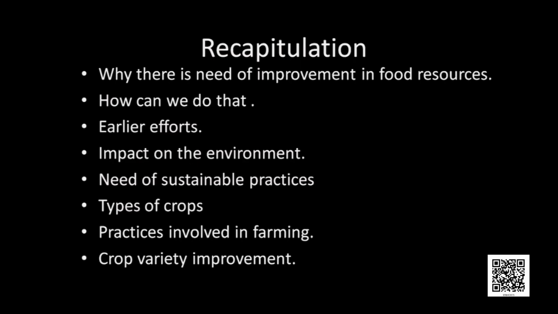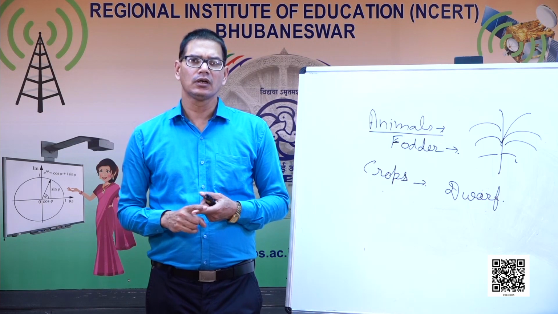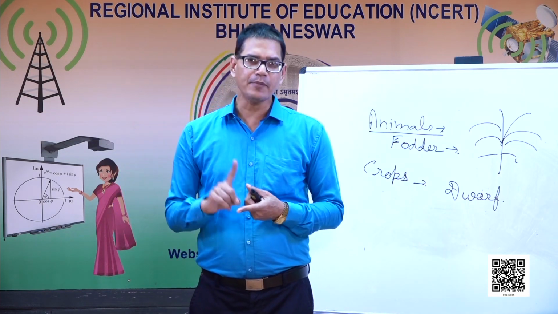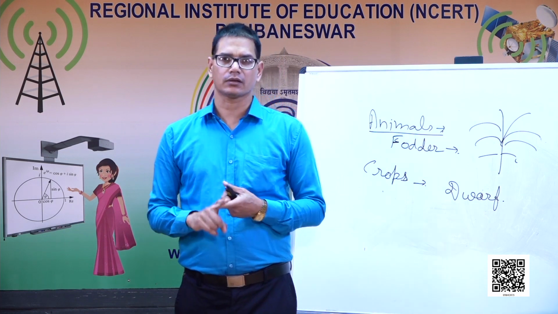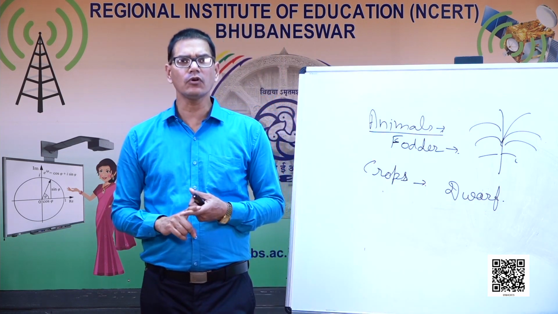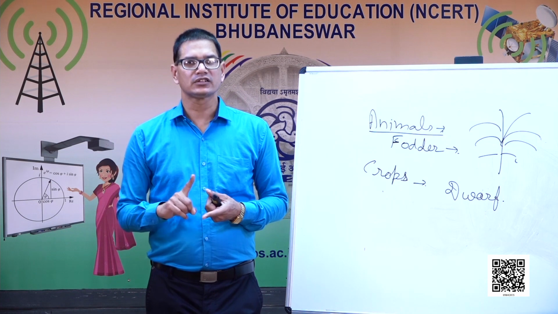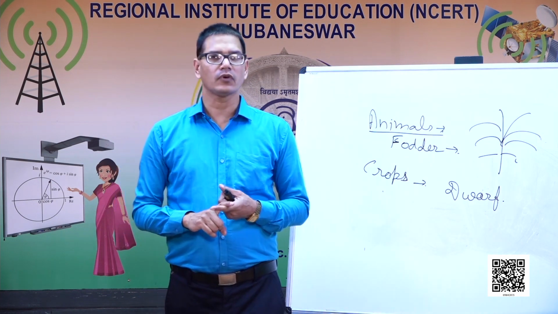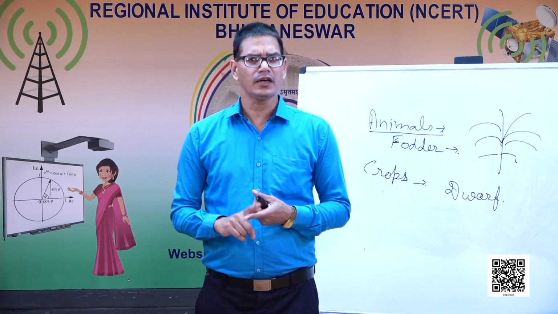Earlier efforts were green revolution, white revolution, pink revolution and yellow revolution. But in those revolutions, we used our natural resources, and that had a bad impact on the environment. Therefore, we have to adopt sustainable practices, that means improving the food resources without degradation of the environment.